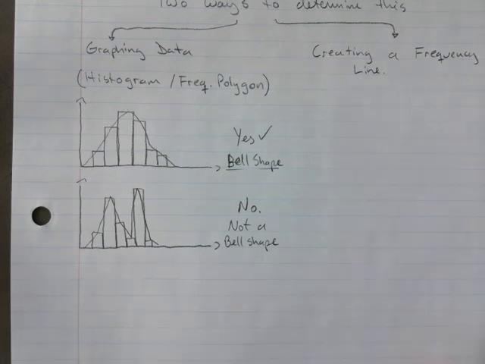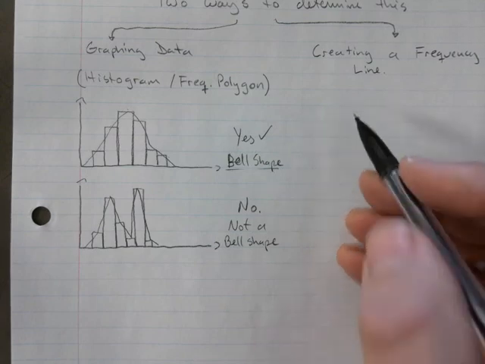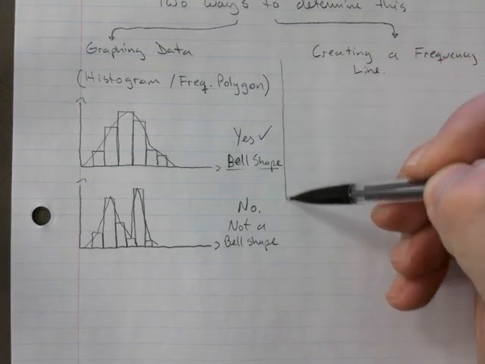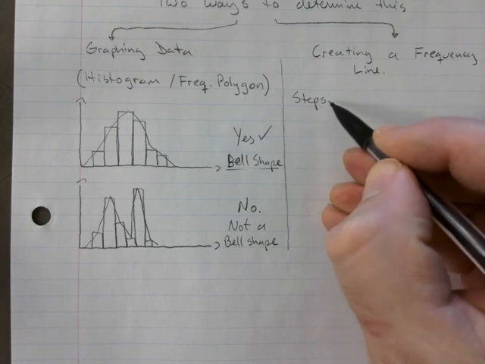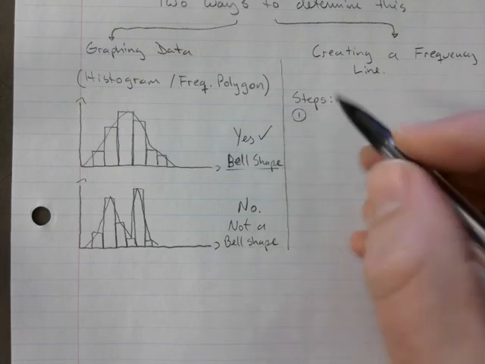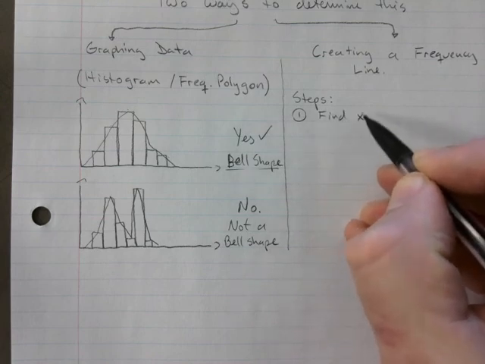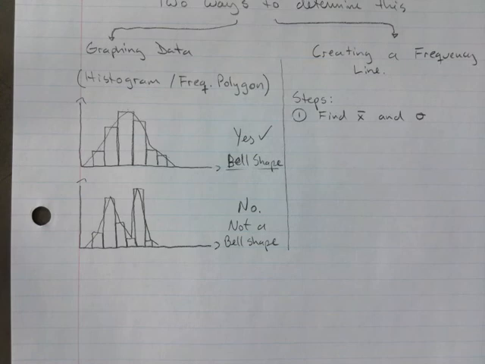So basically, I will give you the steps here. Steps. Find the mean and the standard deviation. If it's not given, you need to find that.